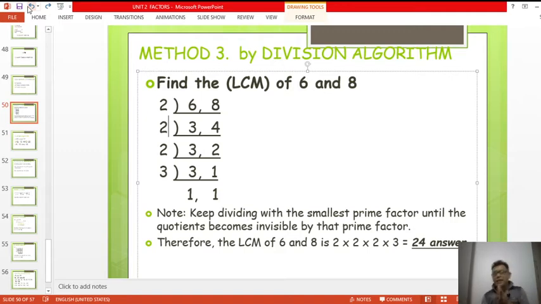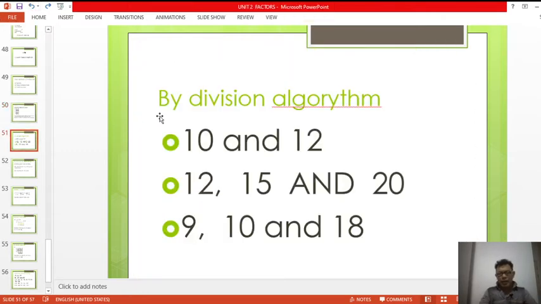I will give you one more example before we finish this, and before I give you your practice exercises in this topic. Let me see whether I have another example. Okay, I have here, use division. Let me choose this one.